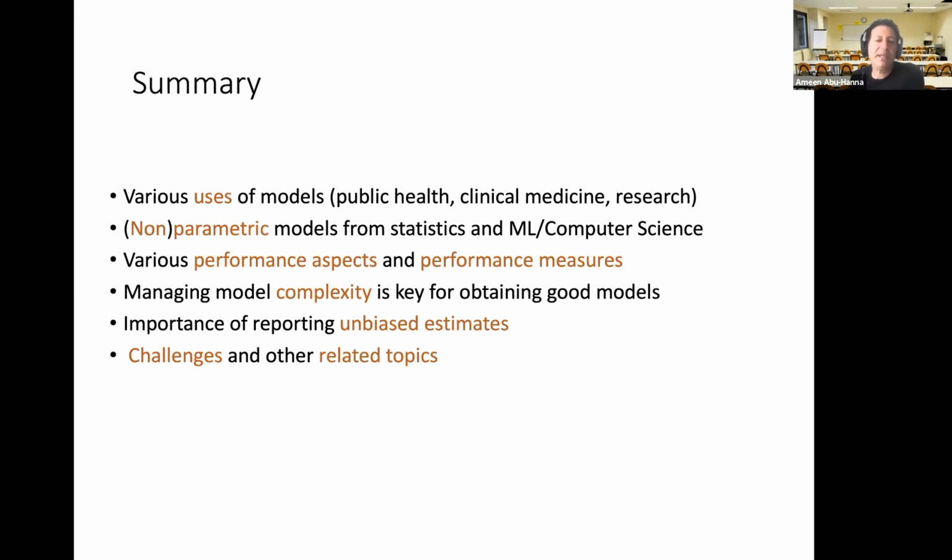So that's the reporting on unbiased estimates. The last part was about challenges and other related topics. Especially, I think it's important to be aware of two things: causality versus prediction, and that we have reporting standards.